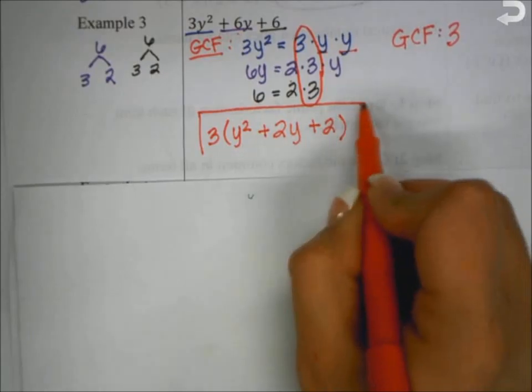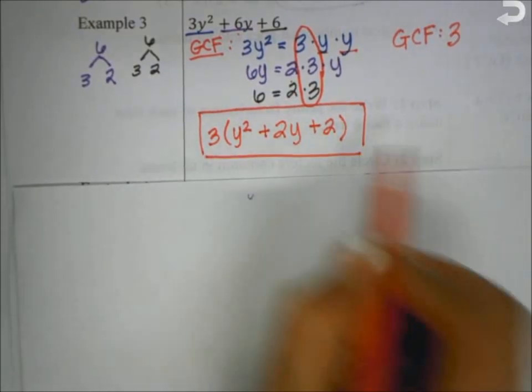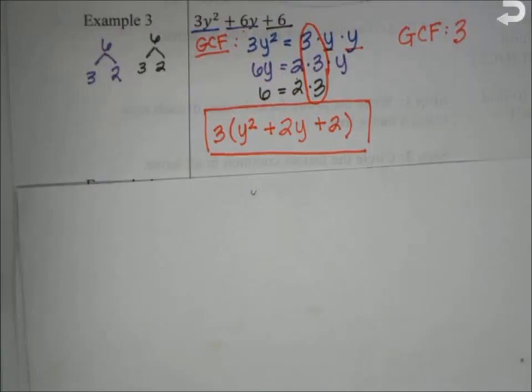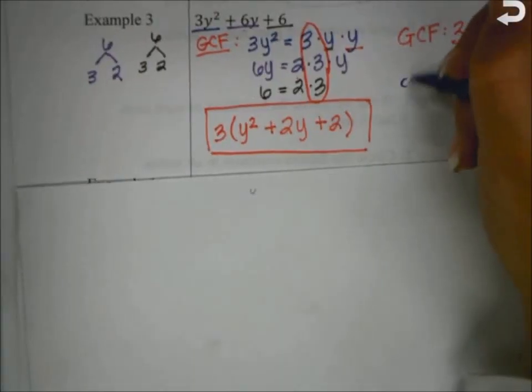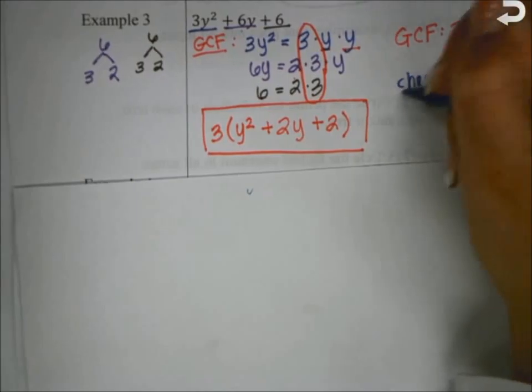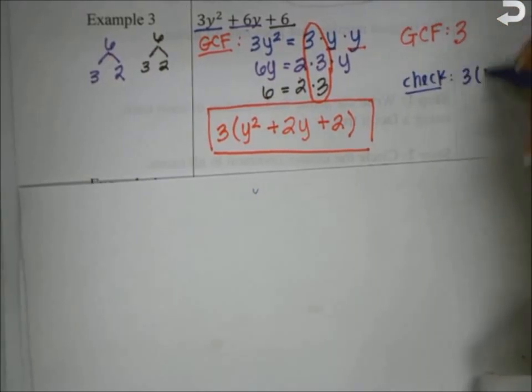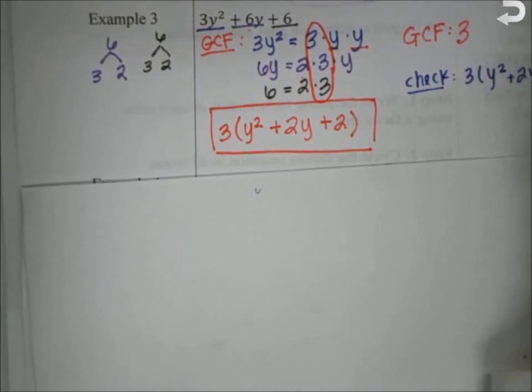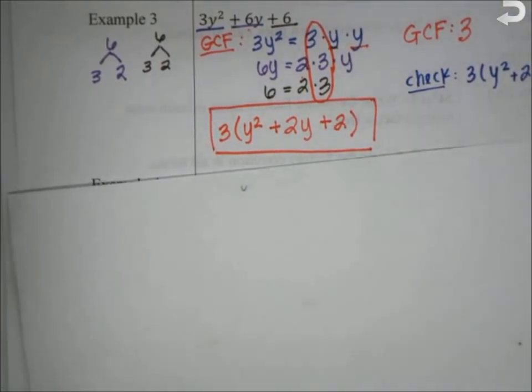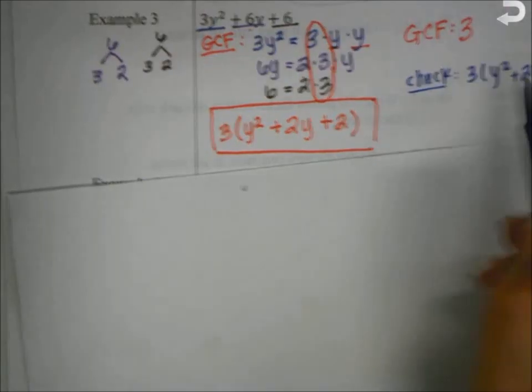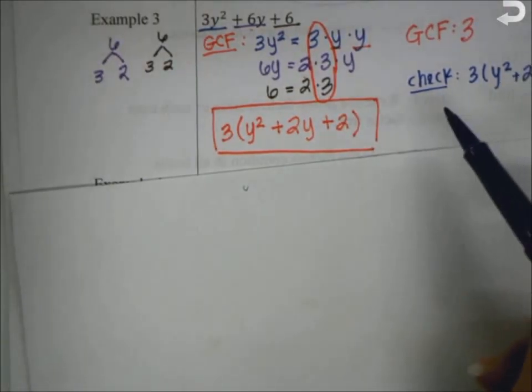How can I check that I got the answer correct? I have 3 times y squared plus 2y plus 2. Usually we would plug it in, but we didn't solve for anything. So how would I check that this was factored correctly? Good, I distribute. So we just undo everything that we did.